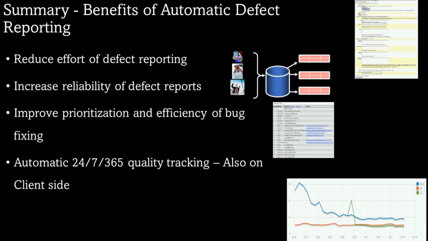Third, improved prioritization and efficiency in bug fixing. By providing structured and comprehensive data, automated reporting allows developers to focus on the most critical issues, improving response times and overall software quality. Fourth, 24/7, 365 quality tracking. Automated systems continuously monitor and report on software performance, including client-side issues, enabling proactive identification and resolution of defects before they escalate.